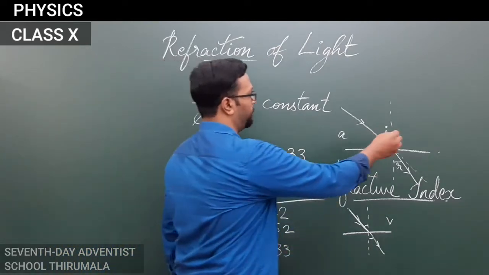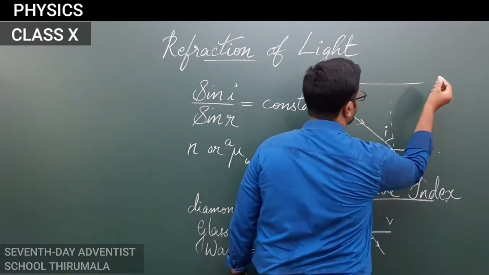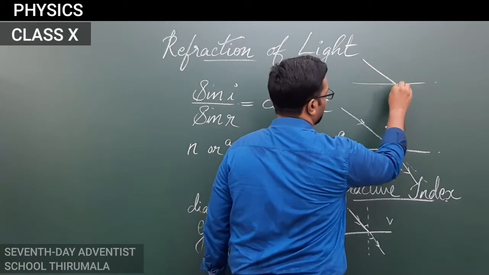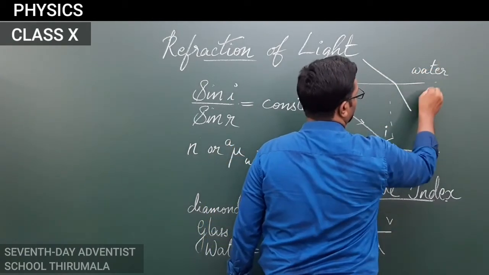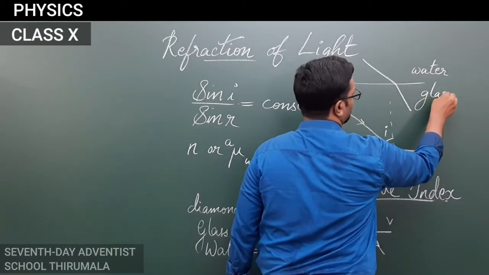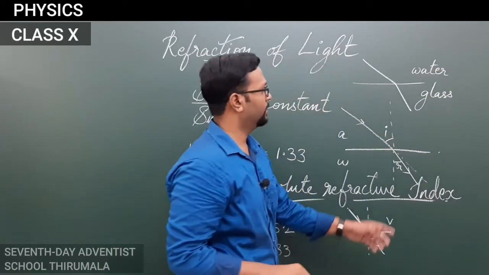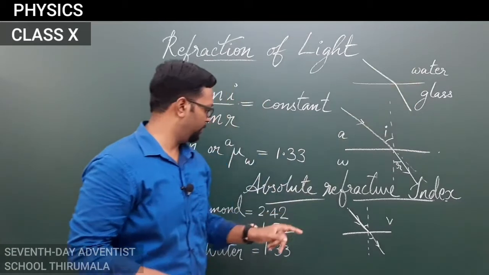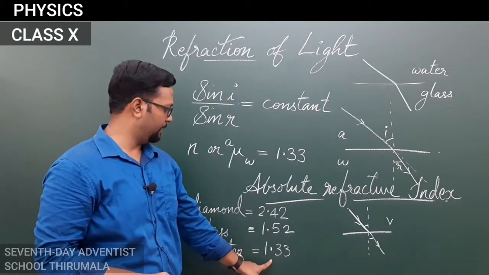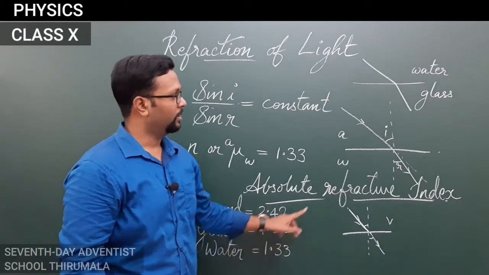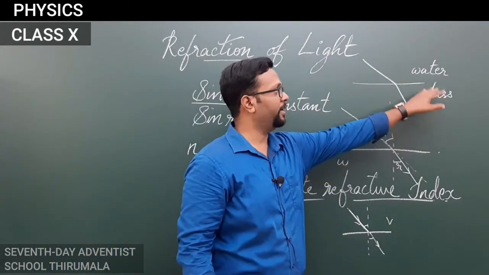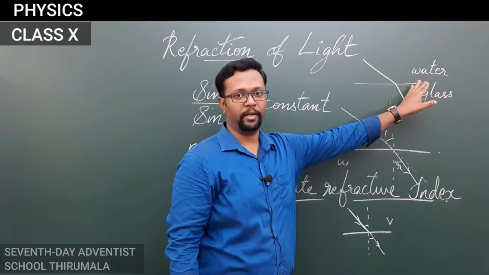So when you are doing any problem, or when a light ray is entering from, for example, water to glass, then here water has absolute refractive index 1.33 and glass has absolute refractive index of 1.52. That means glass is a denser medium and water is a rare medium.